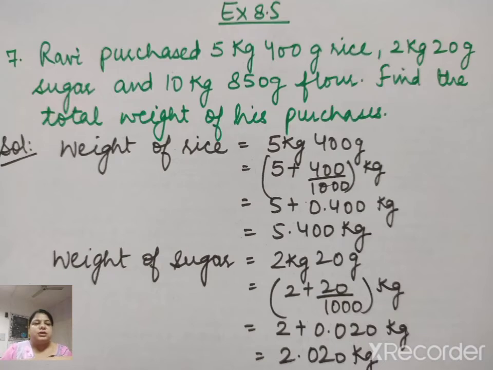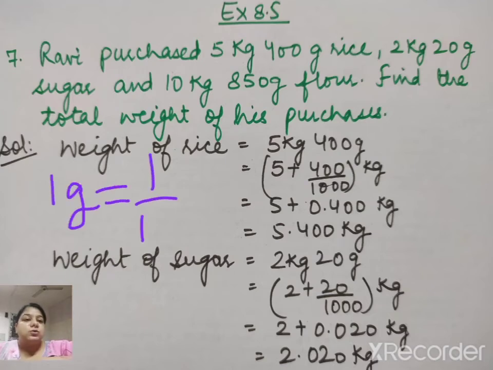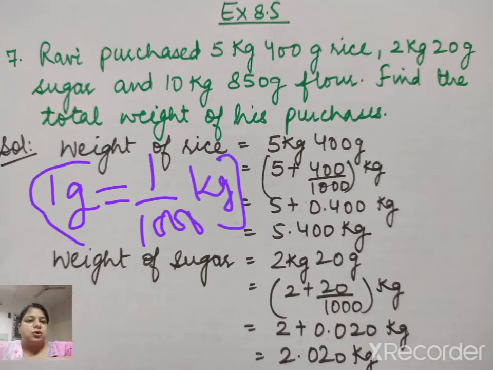So the weight of rice is again given in kilograms and grams, both. So first of all we will convert it into kilograms, right? So again, 1 gram is a thousandth part of a kilogram. This we have done in conversions also, right? So all of you already know that 1 gram equals 1 upon 1000 kilograms.